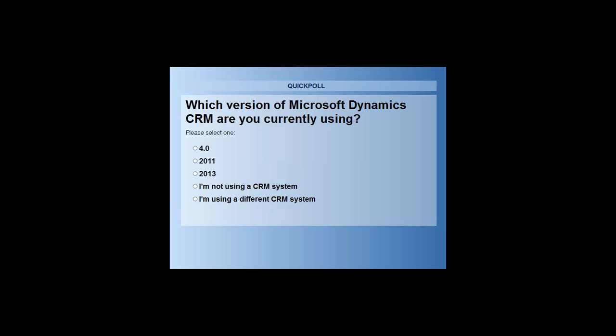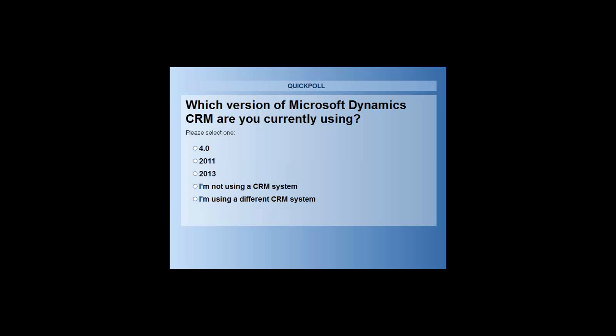There's version 4, 2011, 2013. There's the option to say I'm not using a CRM system at all, or I'm using a different CRM system altogether. I'll give you a couple of seconds to finish answering that.